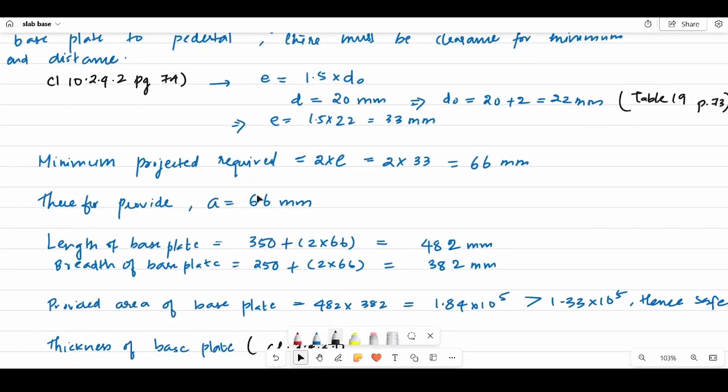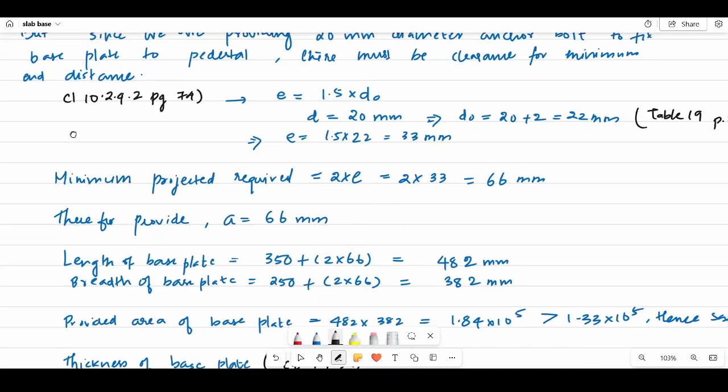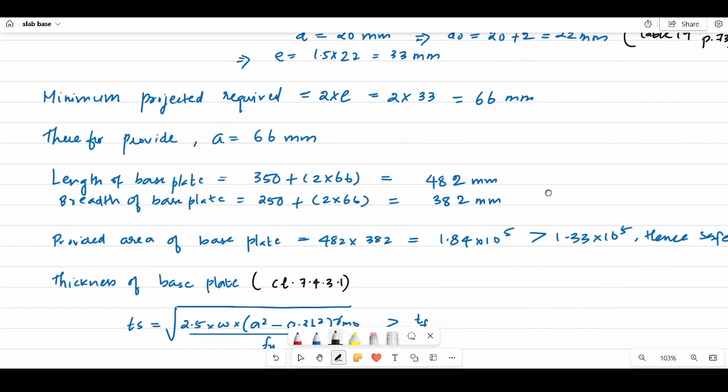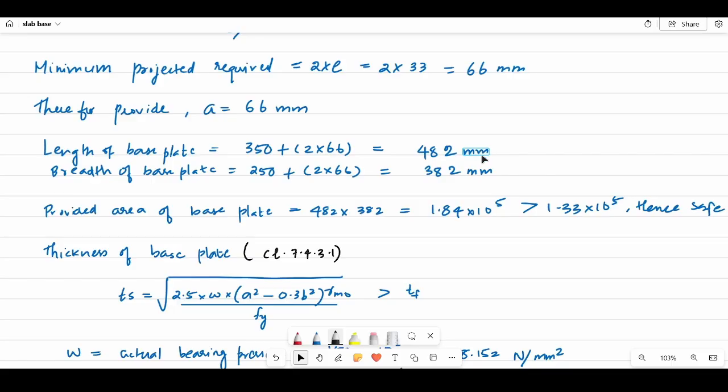So our obtained value of 34.27 will not be sufficient, so we have to provide a projection of 66 millimeter. So the length of the base plate will be 350 plus 2 times 66, and breadth will be 250 plus 2 times 66. And finally we will obtain a length of base plate as 482 and the breadth of base plate as 382.